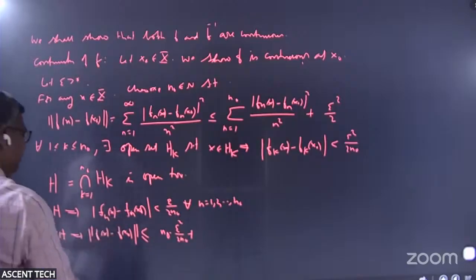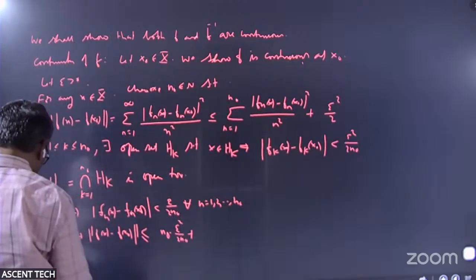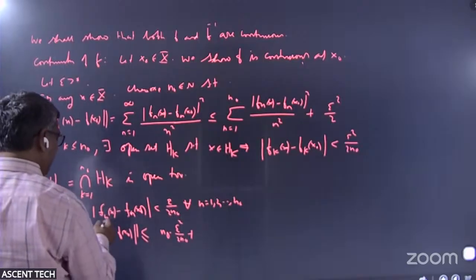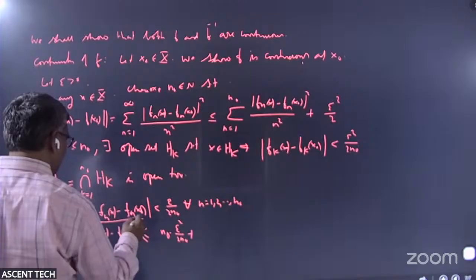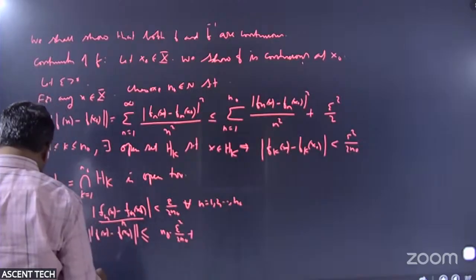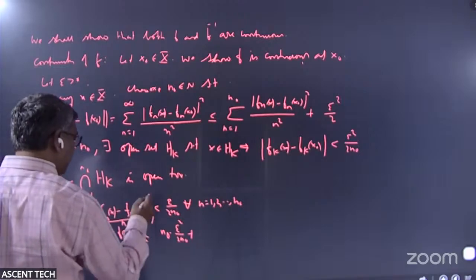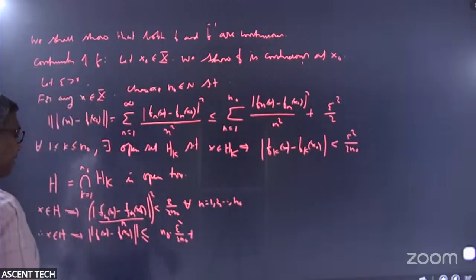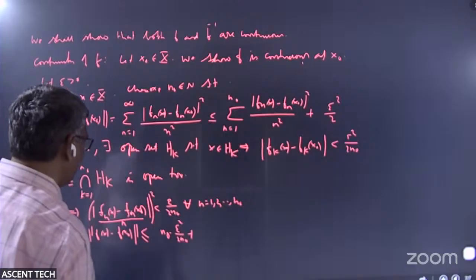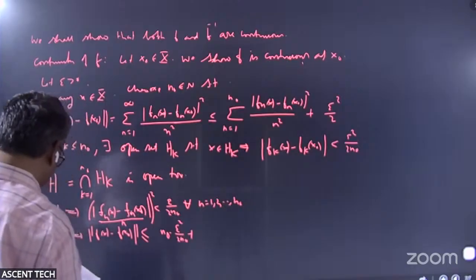For each n it is a fixed quantity, so I can suppose this by n squared is made smaller than 1 by epsilon. Yeah, that's better. Okay, so that's fine.